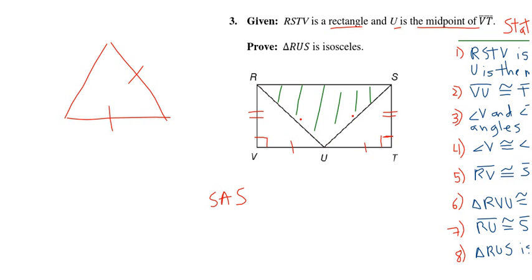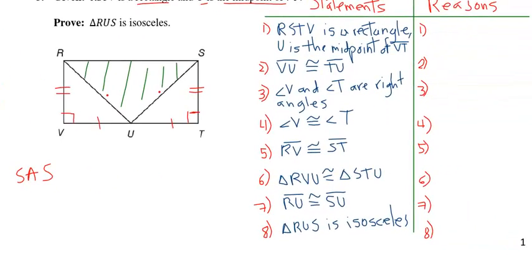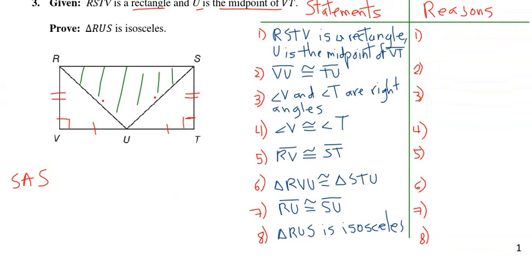So let's look at the proof. Here it is, partially done. It says RSTV is a rectangle and U is the midpoint of TV. So that's given.